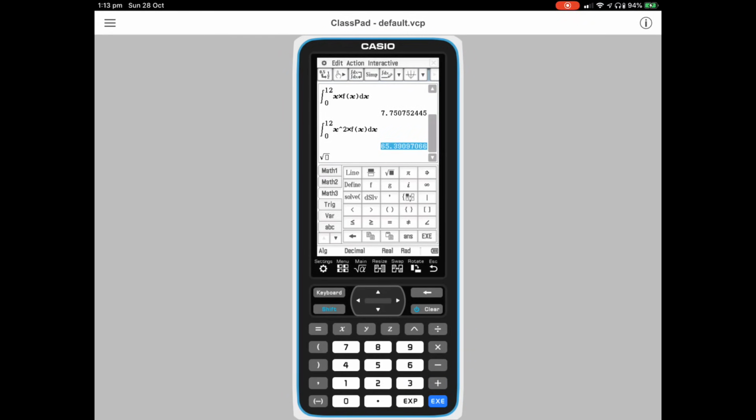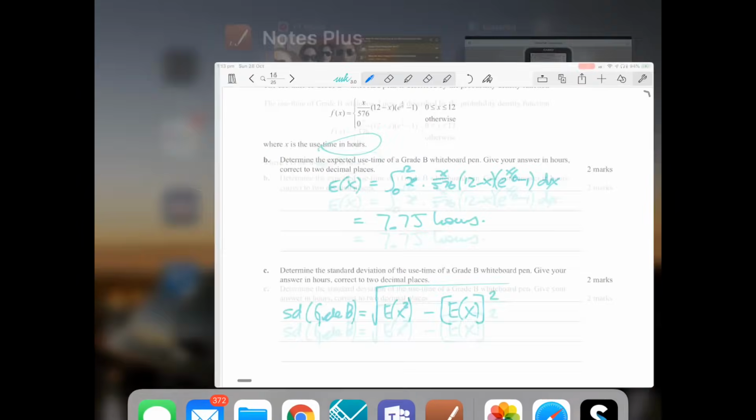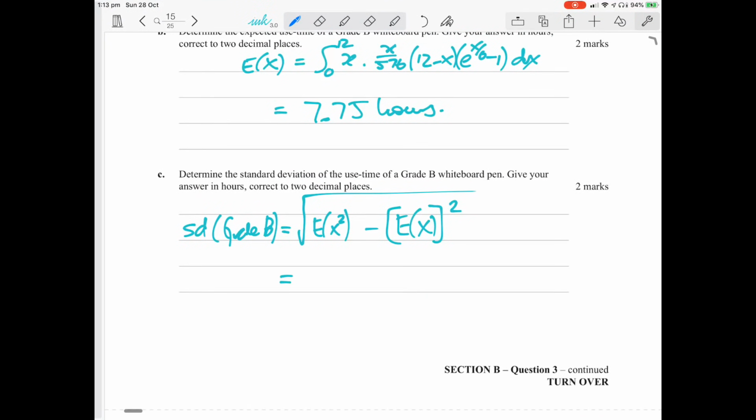So the square root of E of x squared minus E of x all squared. Put a bracket there. 2.31 hours. Don't have to write hours because it says give your answer in hours, but anyway.